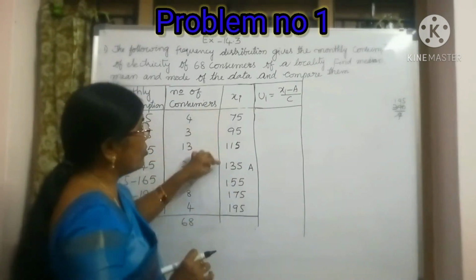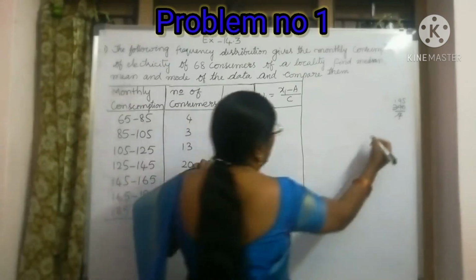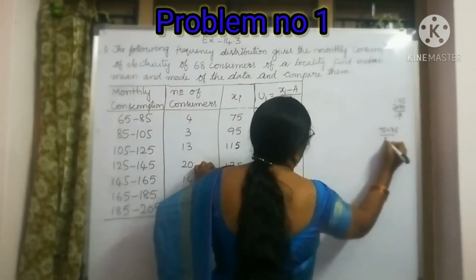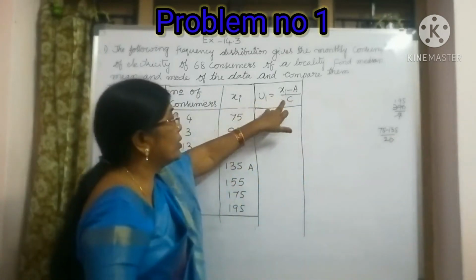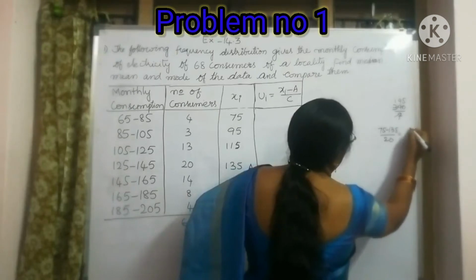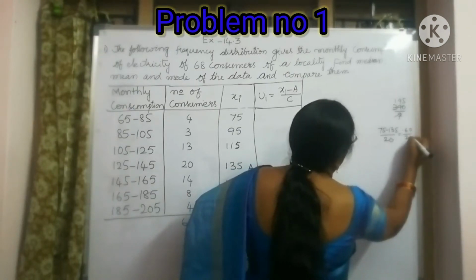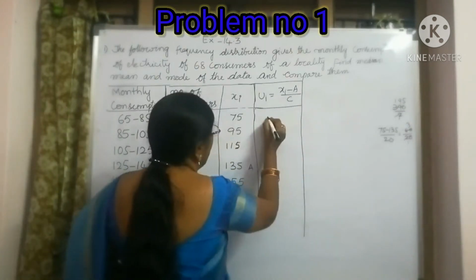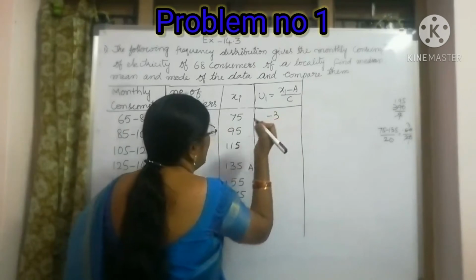So 75 minus 135 by 20 gives minus 60 by 20, so we write minus 3.